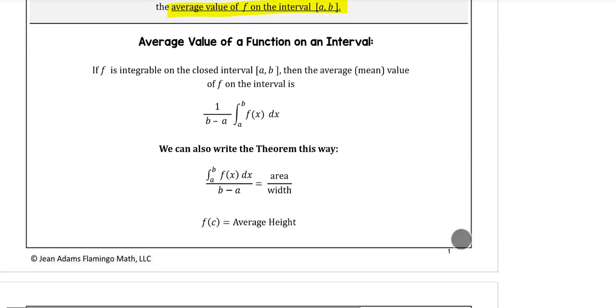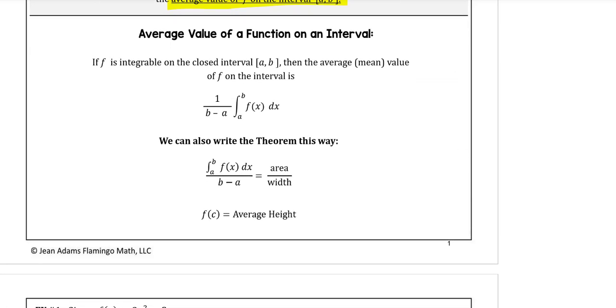So how do we go about doing that? We want to make sure that we know that f is integrable on the closed interval. Then the average, or the mean value, is given by 1 over b minus a times the integral from a to b of f of x dx.